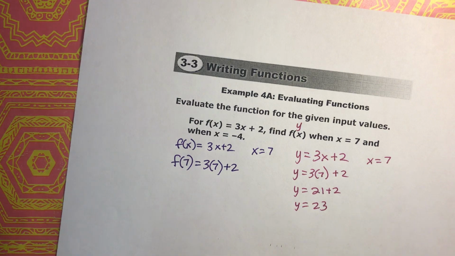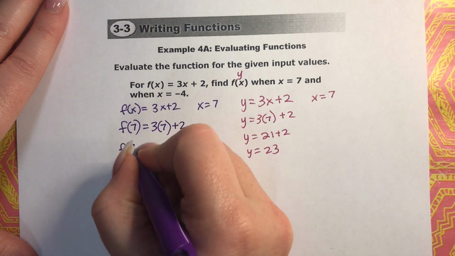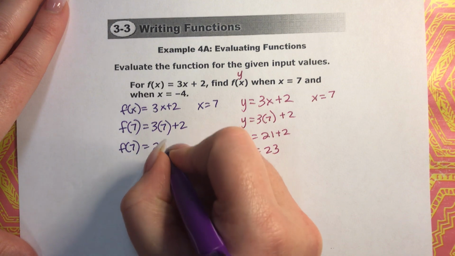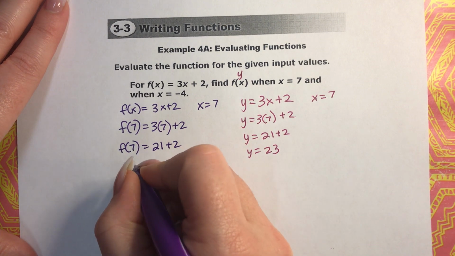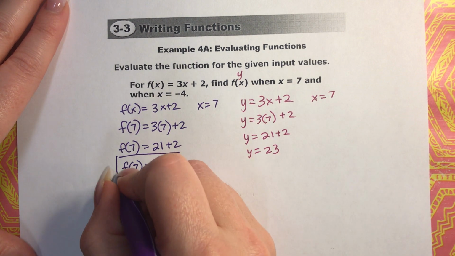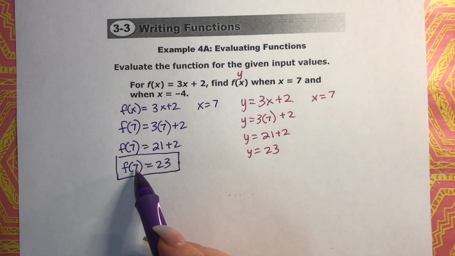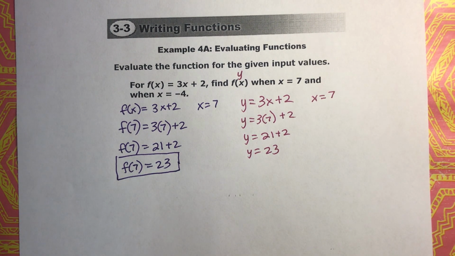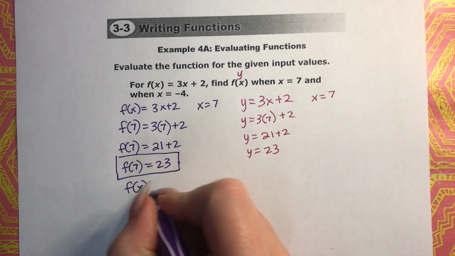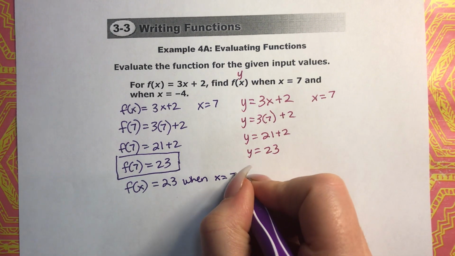Then we just have to do order of operations. 3 times 7 is 21 plus 2, which means f of 7 is 23. That is our answer. That's what f of x equals. It equals 23 when x equals 7. So we can say f of x equals 23 when x equals 7.